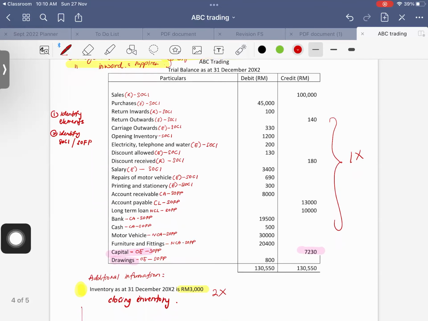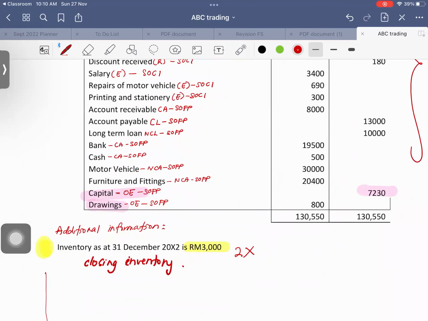Tapi any value outside trial balance, macam your closing inventory here, this is called additional information. This additional information we record twice. Macam tadi closing inventory, satu you will record in our SOCI untuk you dapat your cost of goods sold. Betul tadi you ada tolak. Satu lagi, you need to put also your closing inventory in your SOFP under current asset, tadi I tunjuk dalam format tadi.